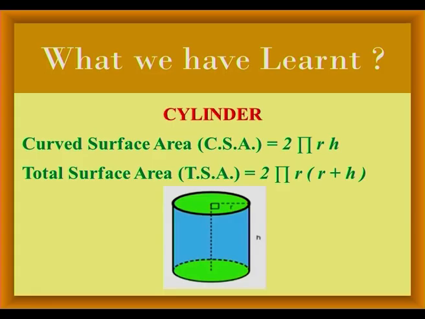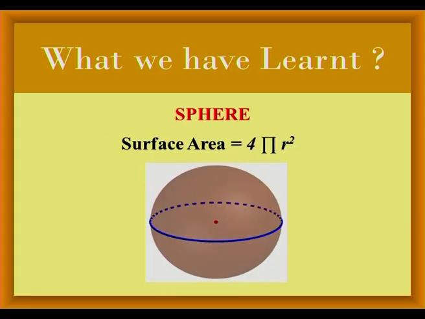Then what about a sphere? Its surface area is 4 pi r square. We have learnt how to find the surface areas of the solids cuboid, cylinder and sphere. Now I am going to give you some problems like an assignment. You can try them on your own and even take the help of your teachers. Look at the screen.